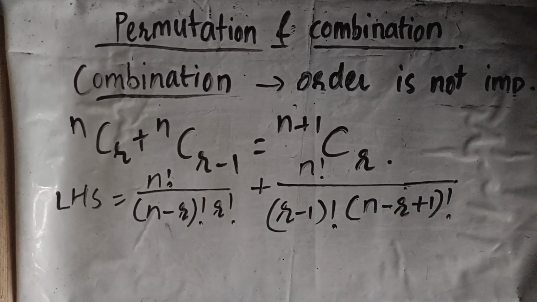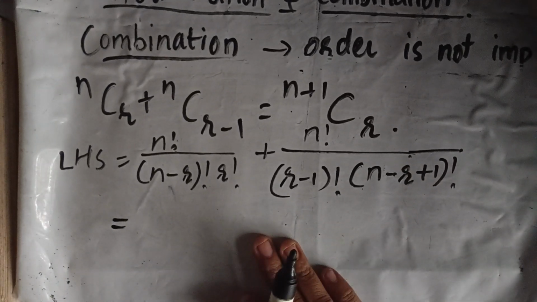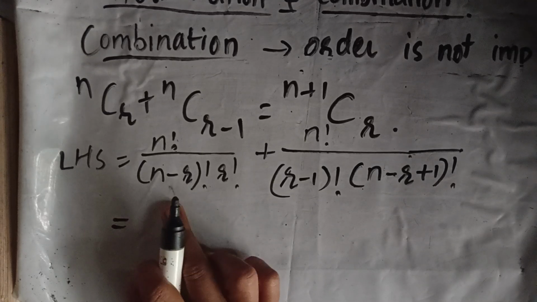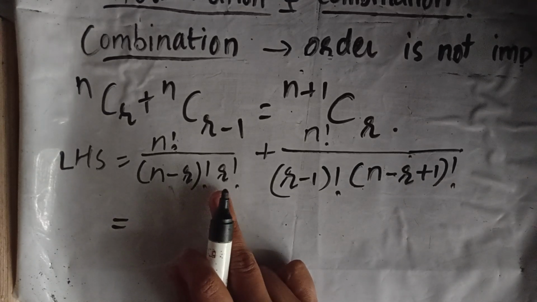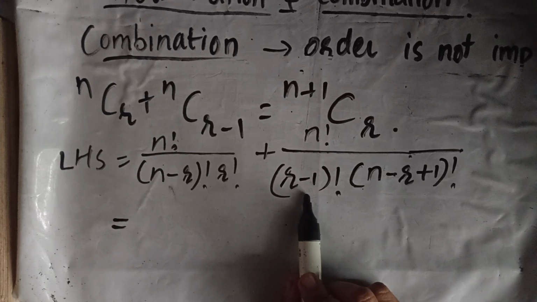So now we have to simplify. Whatever we can cancel out, we have to see it. So r factorial, we can write it as r into r minus 1 factorial, because here r minus 1 factorial is there.